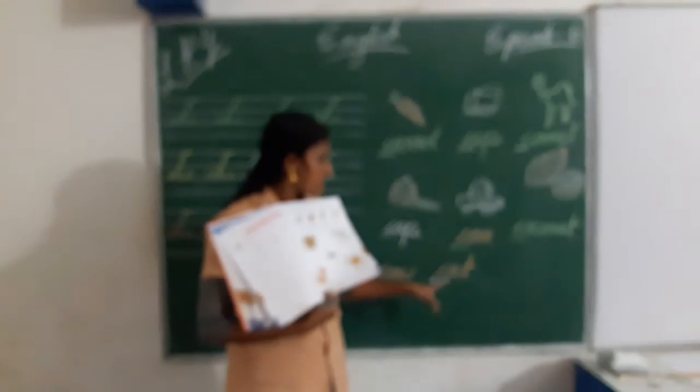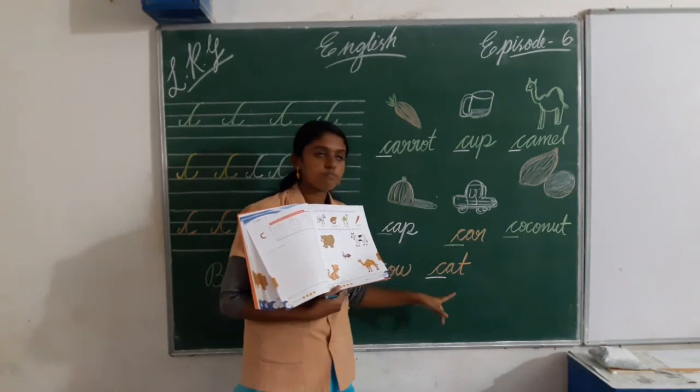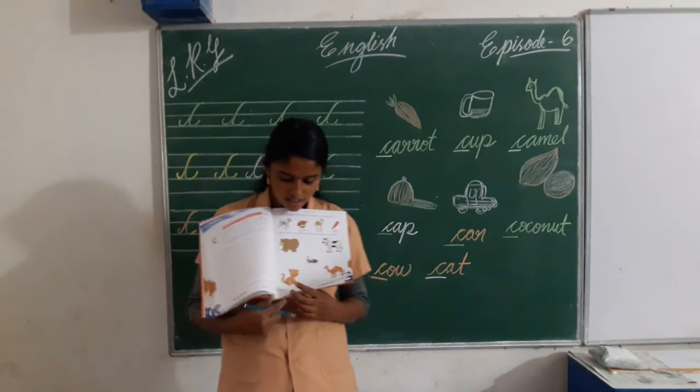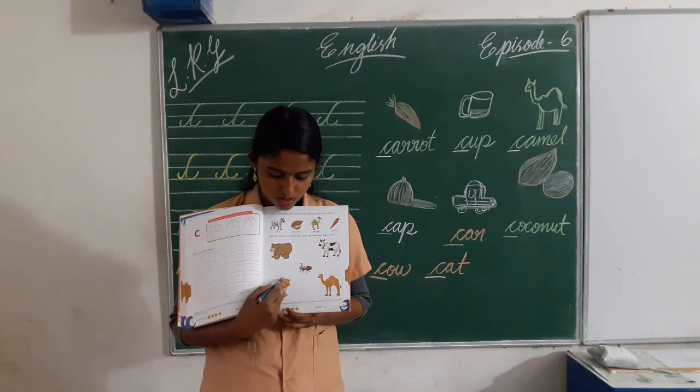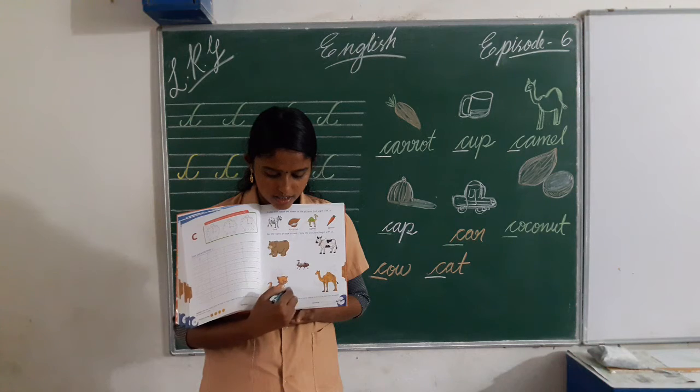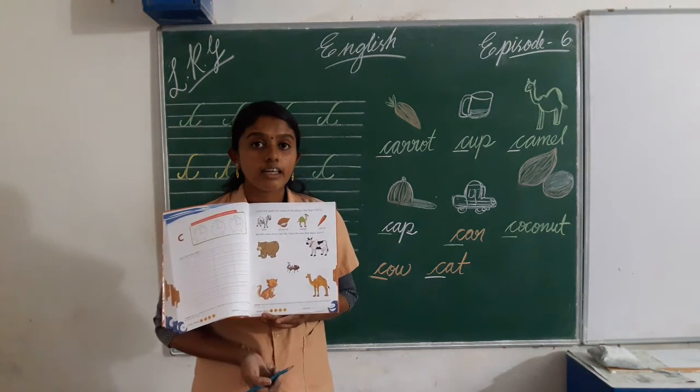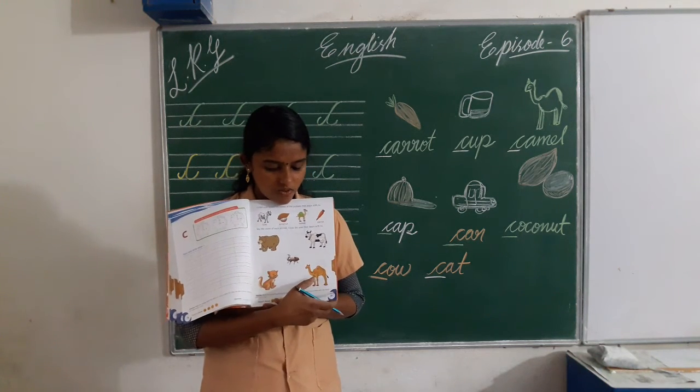C-A-T. Cat. Here cat is start from C. So you circle cat. Like this. Next last one. C for camel. So you circle camel.